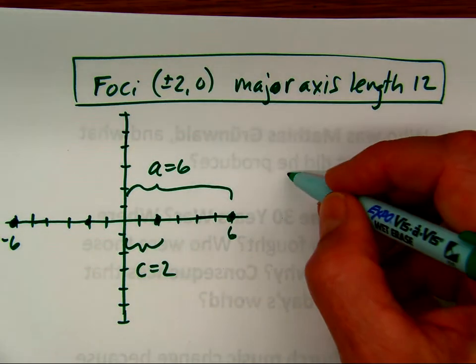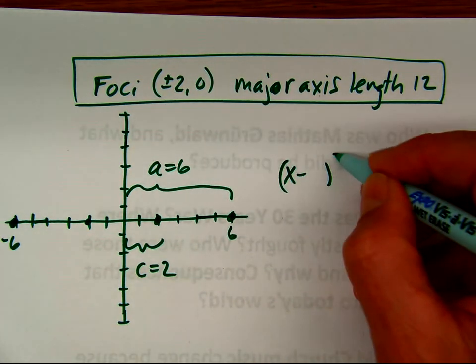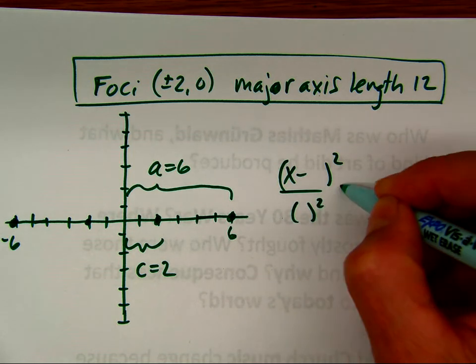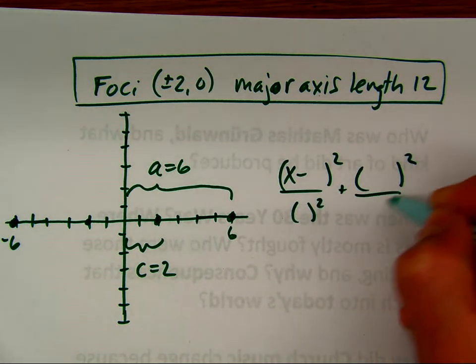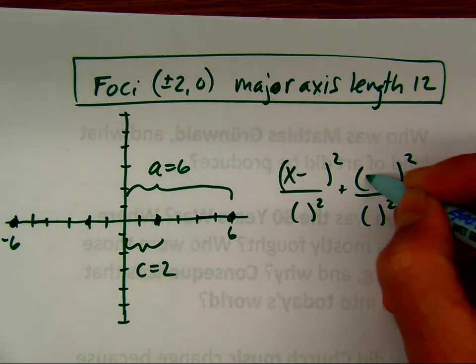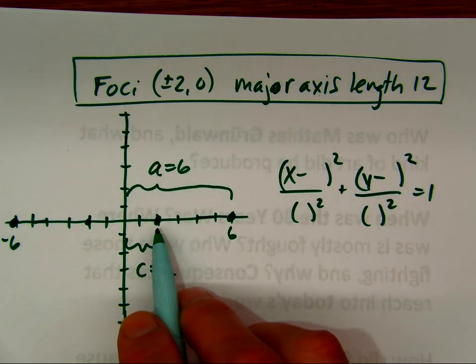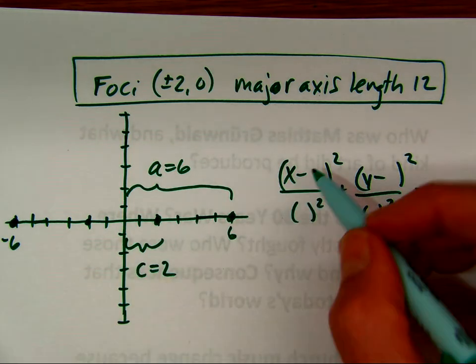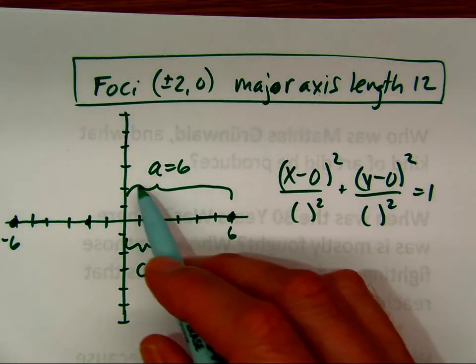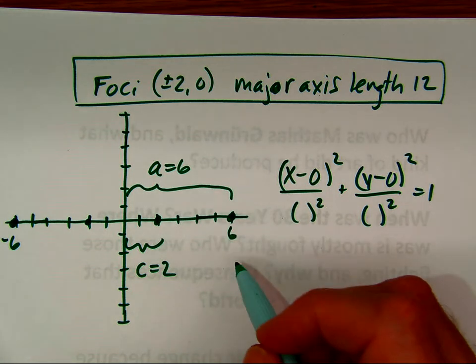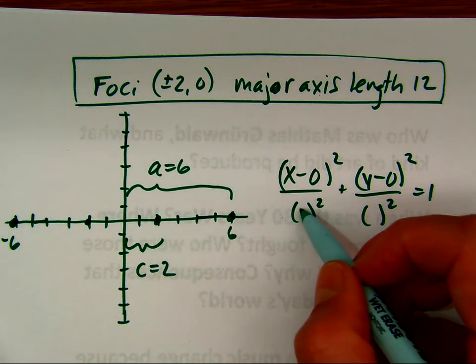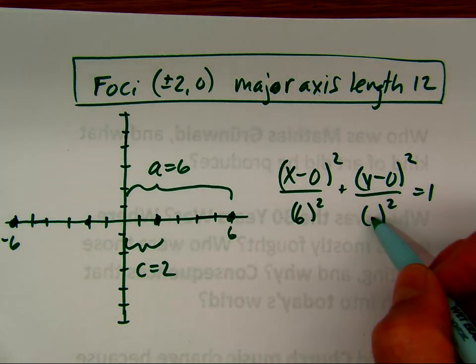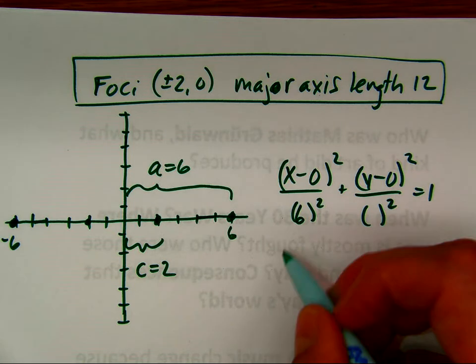And we are trying to complete this. Right now, the center is at 0, so we know these numbers. A is 6, and A is a horizontal distance, so it's under the x. Then we just have to find B again.